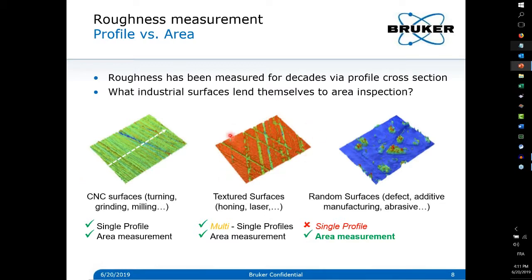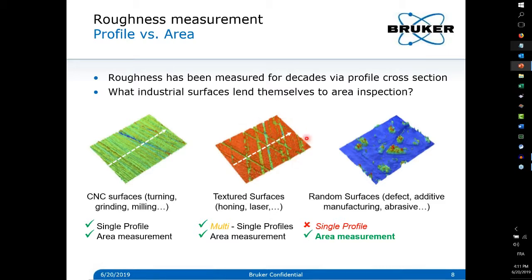Whenever there is some kind of process to really texture a surface on purpose, such as the honing structure you can find on an engine block, then it starts to be challenging with a single profile to assess the reality of the structure, because if you scan in one line, maybe you may miss these specific values.